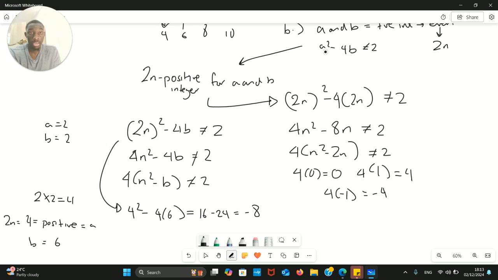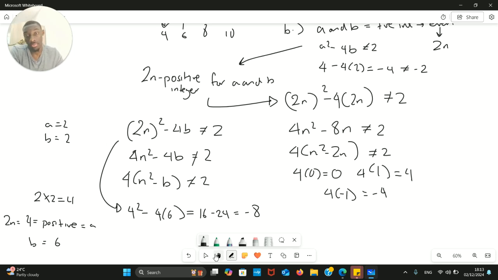Because even if I was to sub in 2 squared, which is 4, and then minus 4 times 2, this is going to give me 4 minus 8, which is minus 4. And that is not equal to 2.